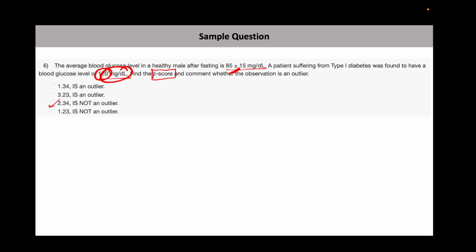Even values like 180, 190, 200, 250 will be considered as the impact of type 1 diabetes. So your variation in this kind of data will be huge. Now again, if it were your experiment, then you would be the one to decide what kind of range you will set for the data that you are dealing with.